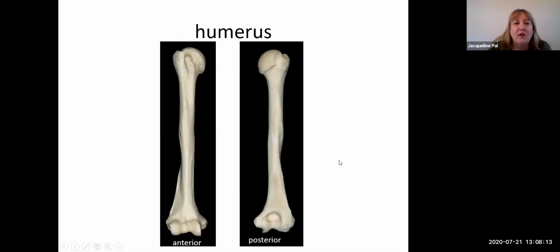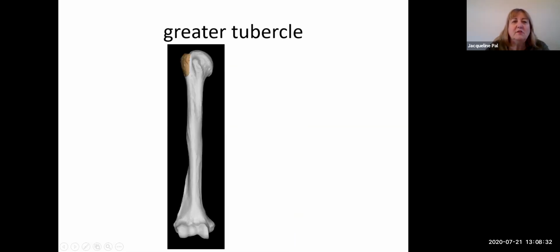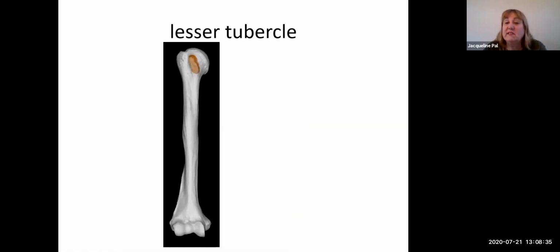Going back to where we have both anterior and posterior views, on this view we have a greater tubercle and a second tubercle, but on this view we can only see the greater tubercle. This second one does not exist. That second tubercle is smaller, so it's known as the lesser tubercle.